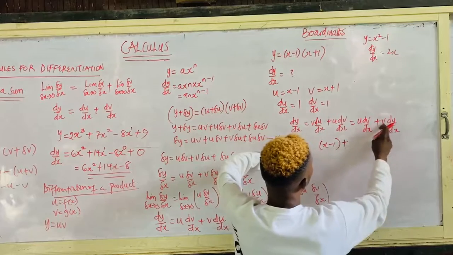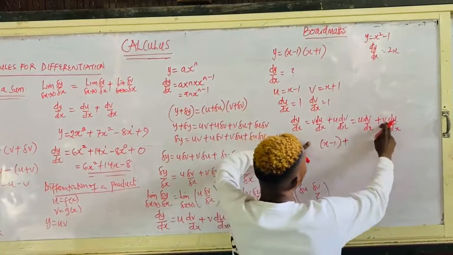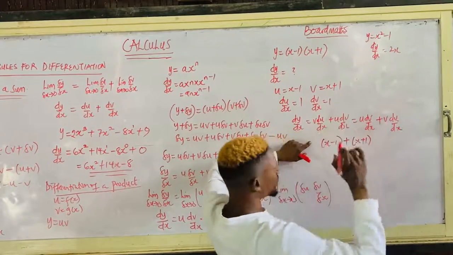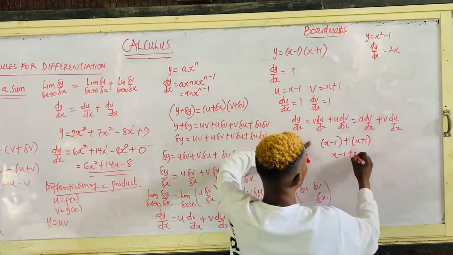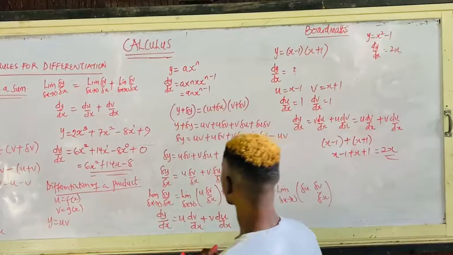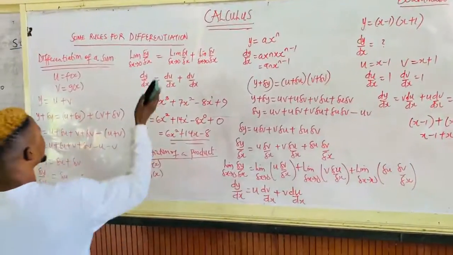Plus, what is v? v is x plus 1. So what is du/dx? 1. So that's (x minus 1) plus (x plus 1). The answer is 2x. So that's the differentiation of a product.